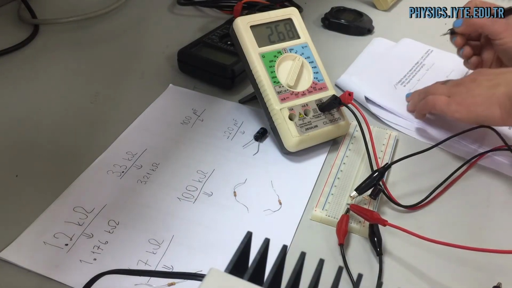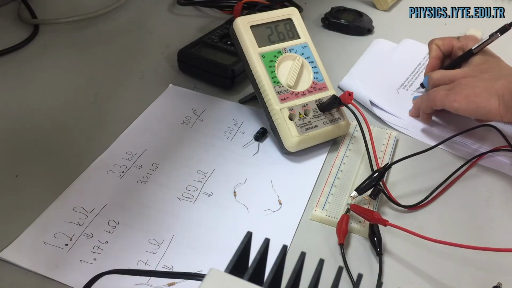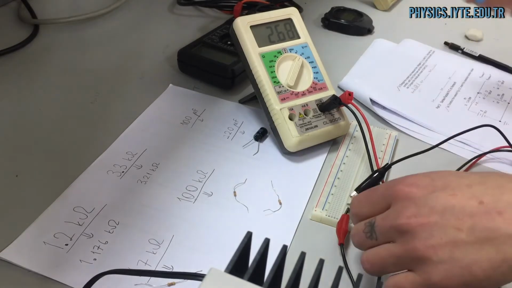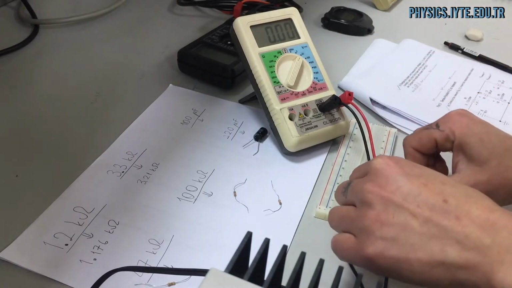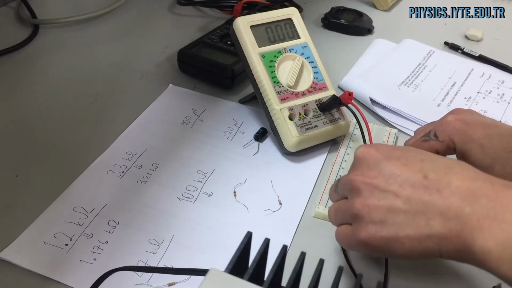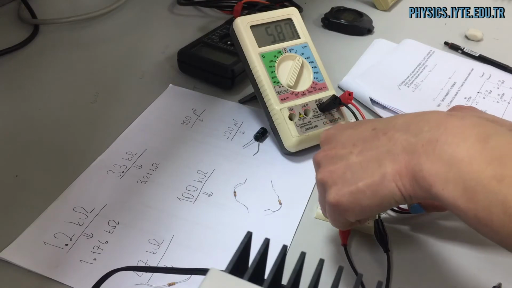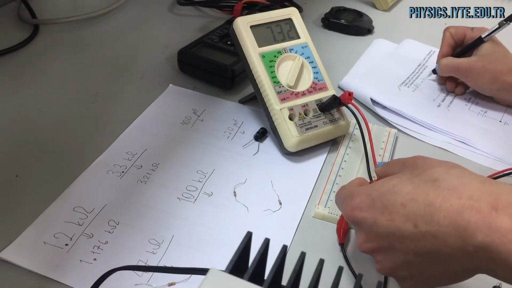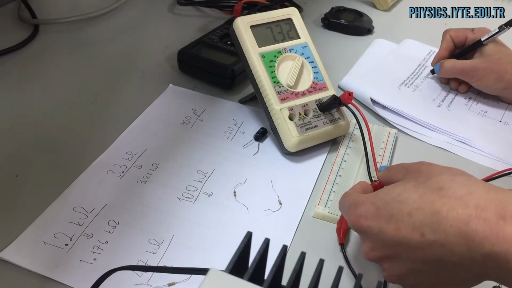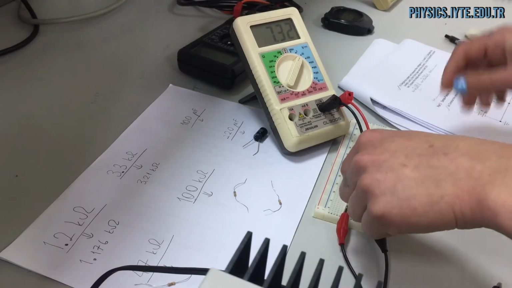As a first voltage value, we can write 2.68 volts. For the second value, we can write 7.32 volts.